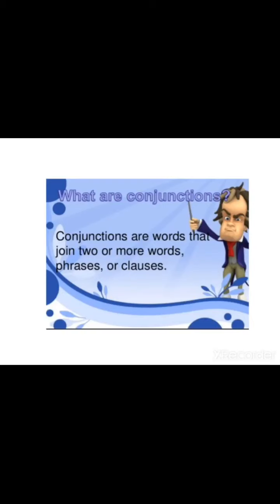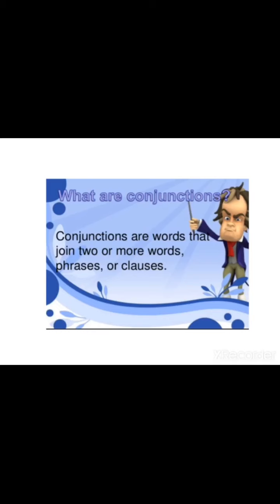So what are conjunctions? Conjunctions are the words that join two or more words, phrases or clauses. You can notice that there is a conjunction in the definition also, like or.